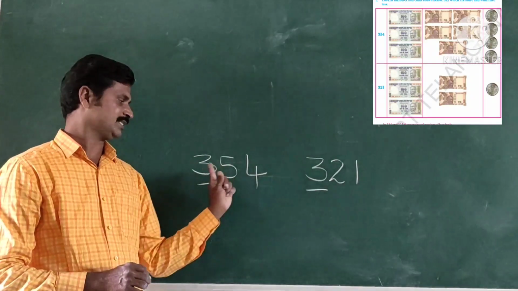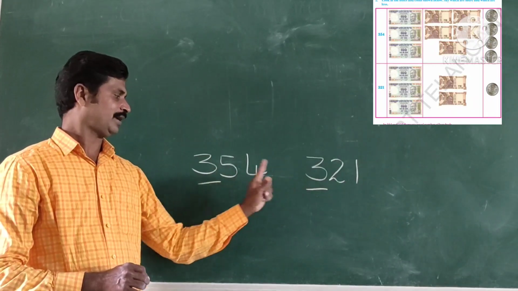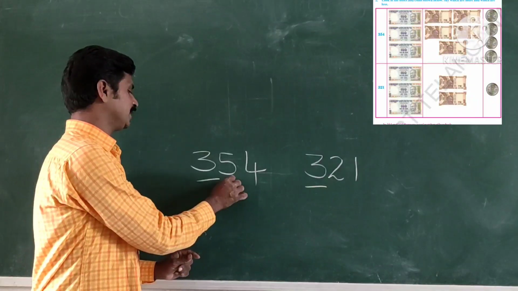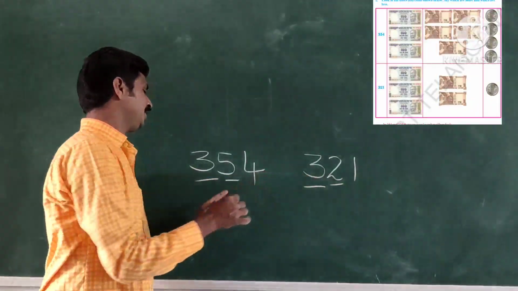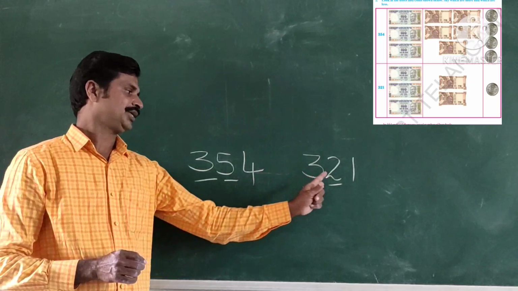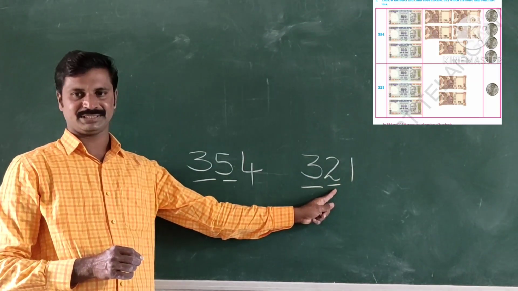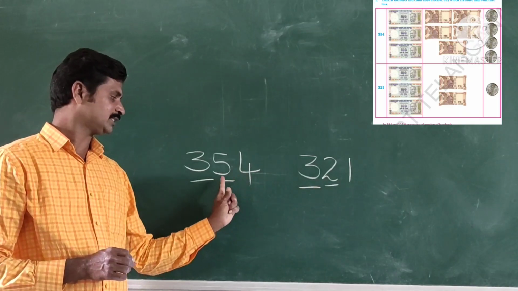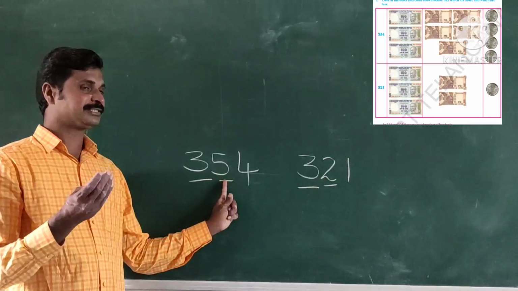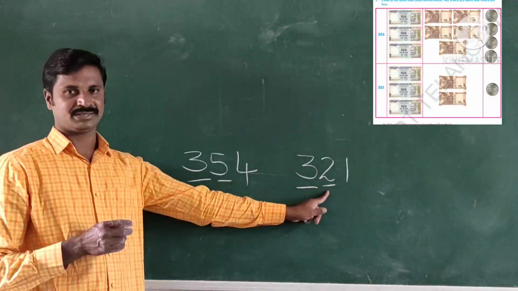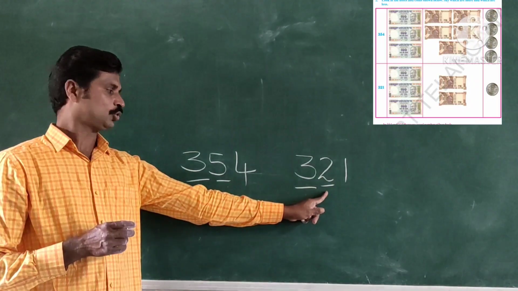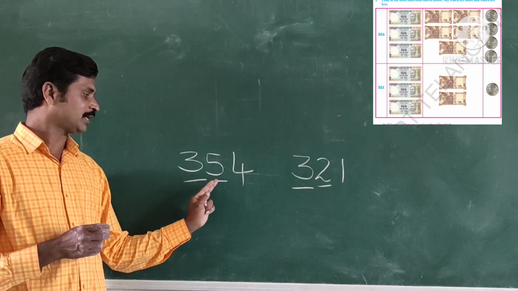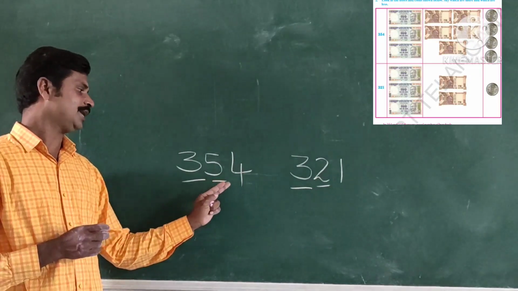There is no difference in the hundreds place. Now let us take the tens place. Here are 5 tens, here only 2 tens. How many tens more is it? 3 tens are more here. So this is the bigger number because 3 tens are more.